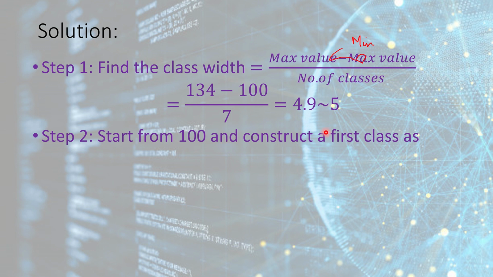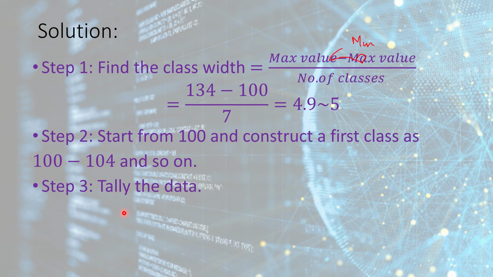The class width is 5, but you see you'll go for 100, 101, 102, 103, and then 104. Once you reach 104, it will give you a class width of 5. So the first group will be 100 to 104, the next group will be 105 to 109, and so on.